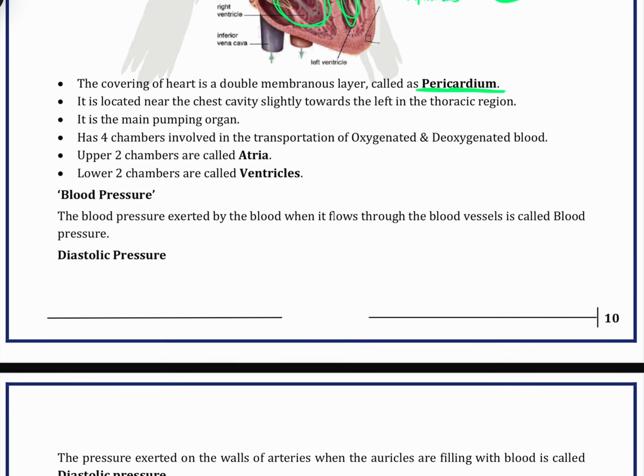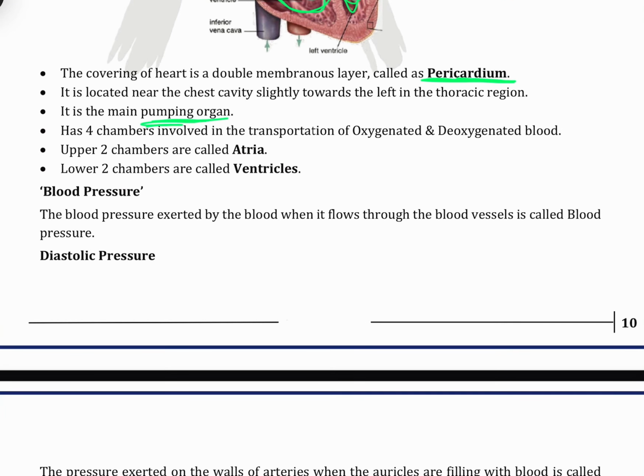It is located near the chest cavity, slightly towards the left in the thoracic region. It is mainly the pumping organ, which we have already discussed. It has 4 chambers involved in the transportation of oxygenated and deoxygenated blood.